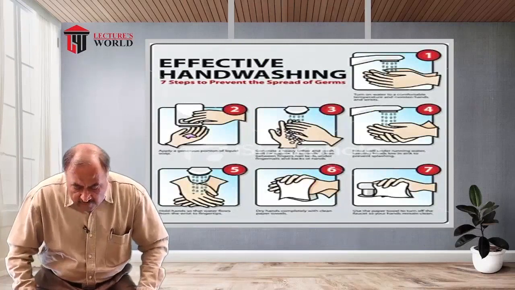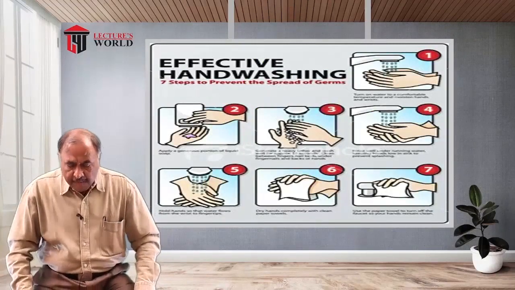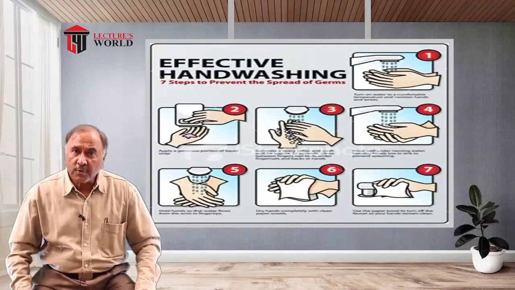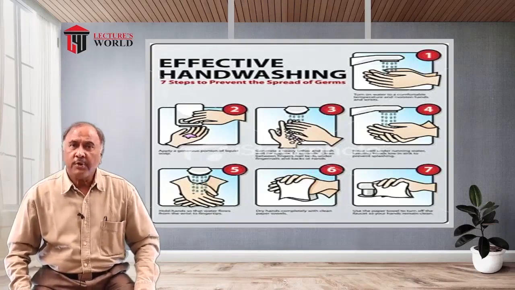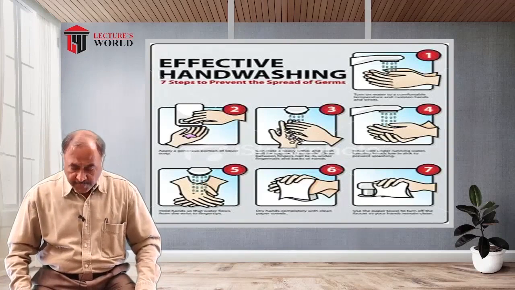This is a diagram which shows effective hand washing. You have to practice it thoroughly. Nursing staff has to understand that hand washing is not a routine hand washing which you tell anybody and he would do it. It has to be thoroughly taught.